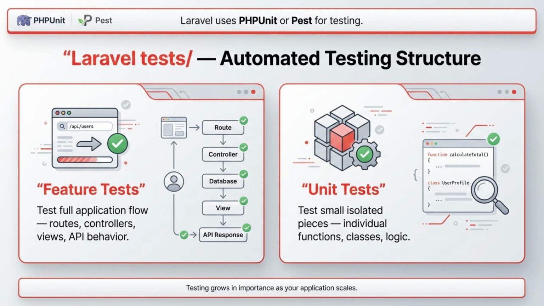As your application grows, automated testing becomes more and more important because it helps catch errors early, prevents bugs from slipping into production, and ensures that new changes don't break existing features. With Laravel's built-in testing support, you can continuously validate your application at every level, from the smallest function to the full user experience, creating a more stable, reliable, and maintainable project.